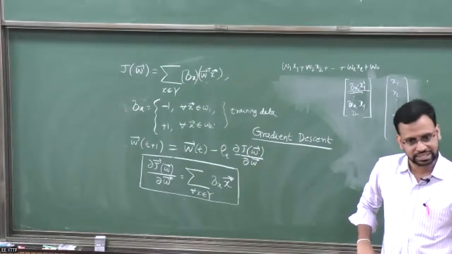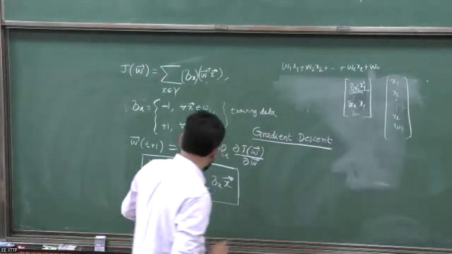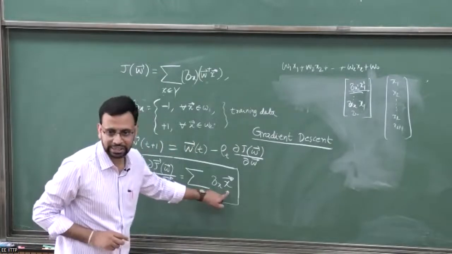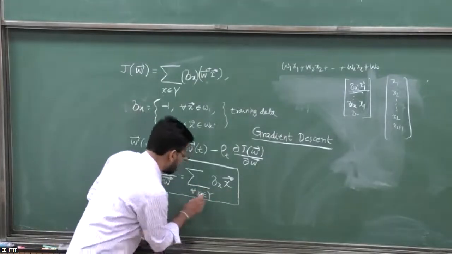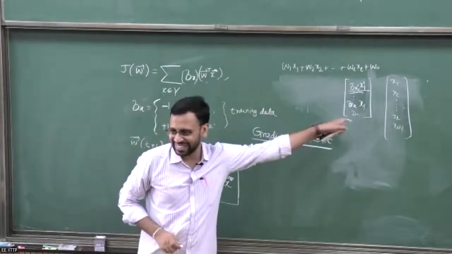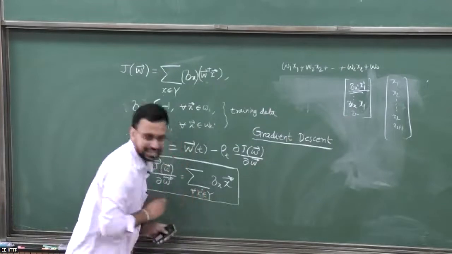Correct. That's right. So maybe the confusion comes from this x bar, which can have different values. I have not used any index. So if you want, x1 I am using here, so let me put a superscript here. Assume that this is xi.